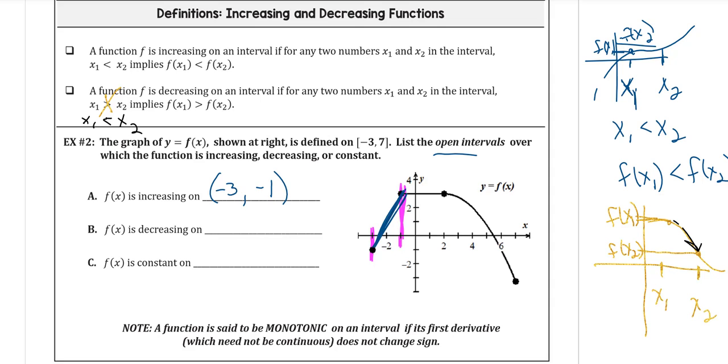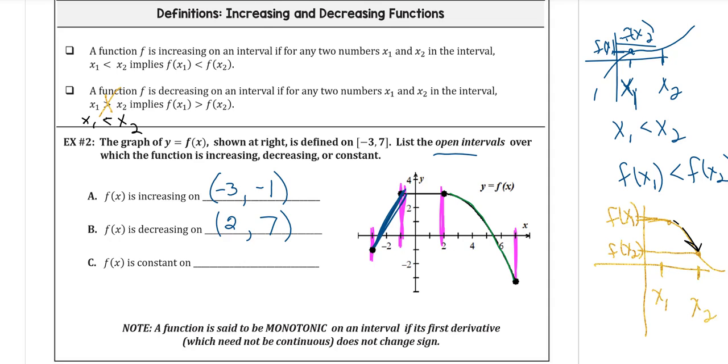Okay, next section. It is decreasing from 2 all the way down to the end at 7. So we have an x value here of 2, and we have another one at 7. And everywhere in between there, it is decreasing. So it's decreasing from 2 to 7. And finally, where is it constant?